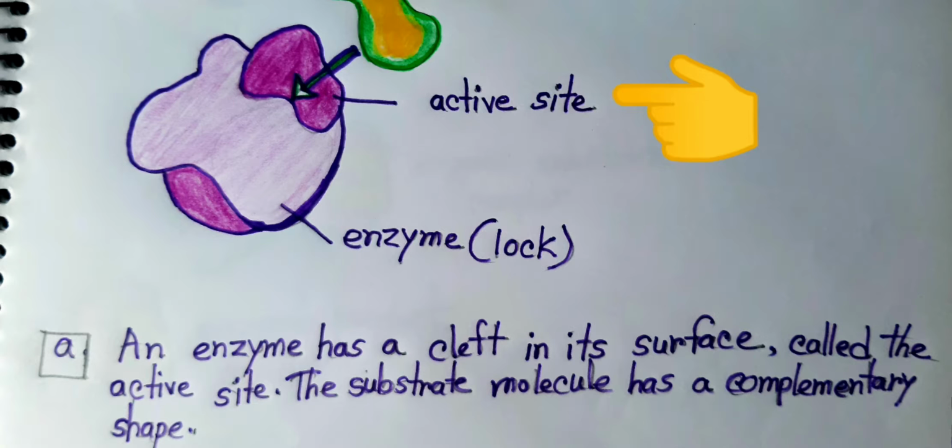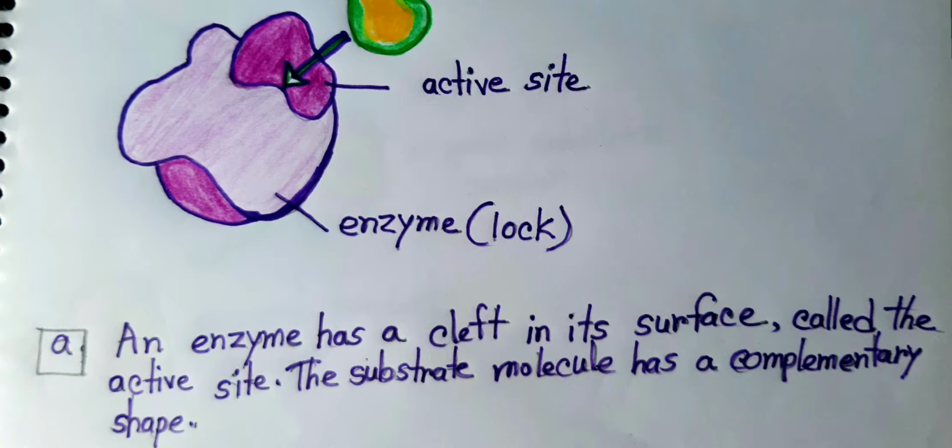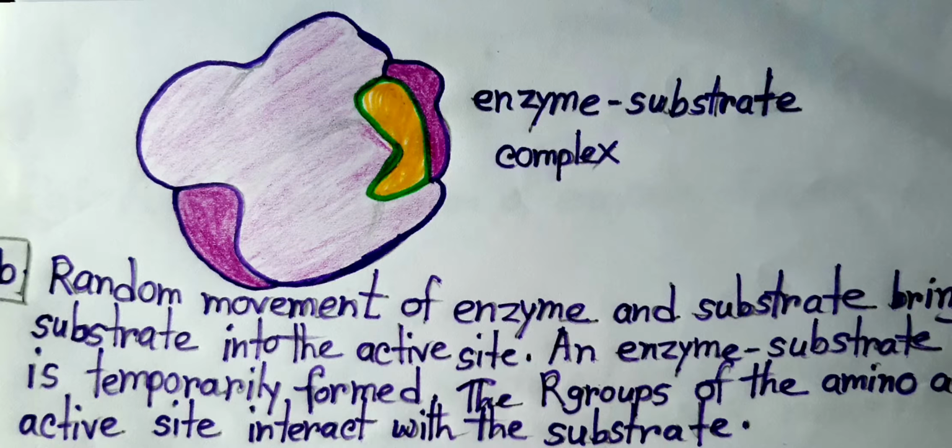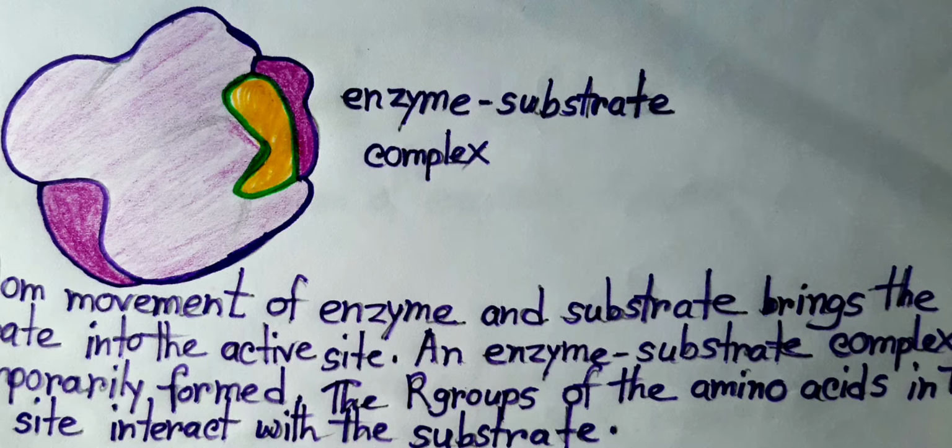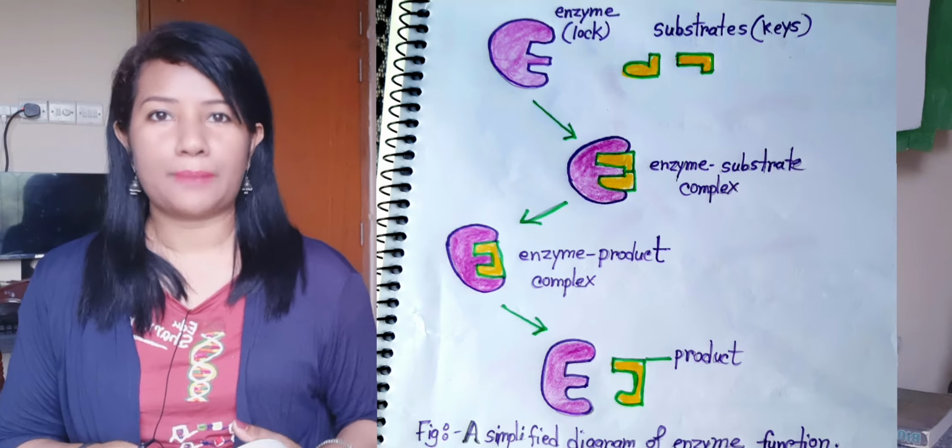Now I'm going to ask you one question. What is the active site? It is an area on an enzyme molecule where the substrate can bind, and the shape of the active site allows the substrate to fit perfectly. The idea that the enzyme has a particular shape into which the substrate fits exactly is known as the lock and key hypothesis.